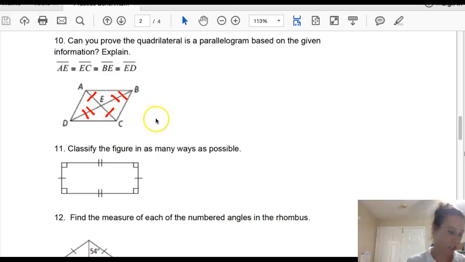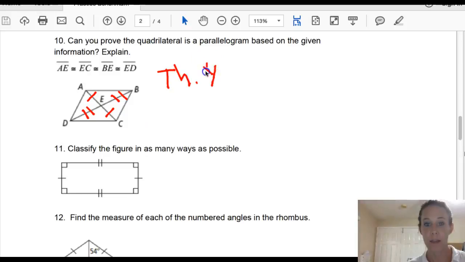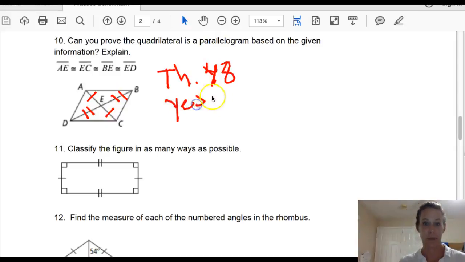Now on that page I just referenced, theorem 48 is the one that talks about this. To prove that a quadrilateral is a parallelogram, you can simply prove that diagonals bisect each other. If diagonals bisect each other, the quadrilateral is a parallelogram. So yes, because of theorem 48, diagonals bisect each other.